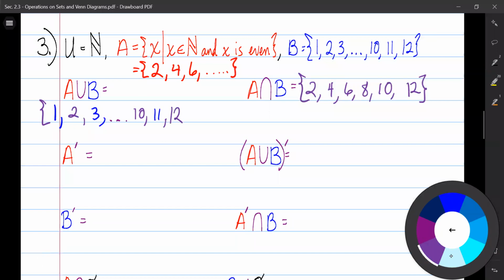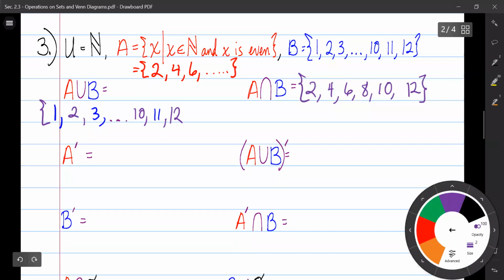Okay, and then after that, we would have all the even numbers that are coming after that. So we would have 14, 16, 18, dot dot dot.